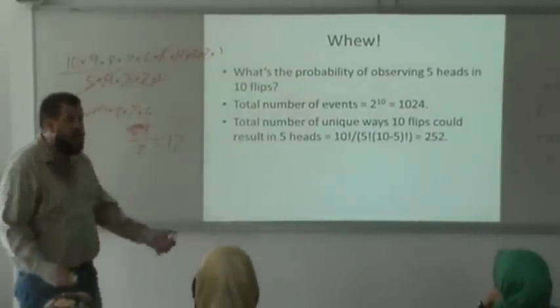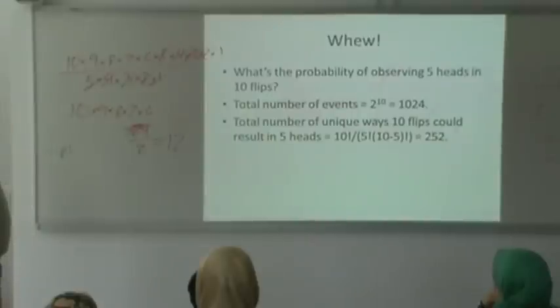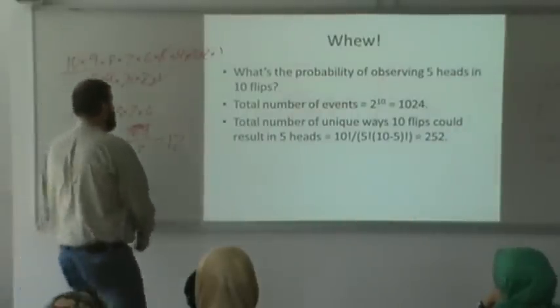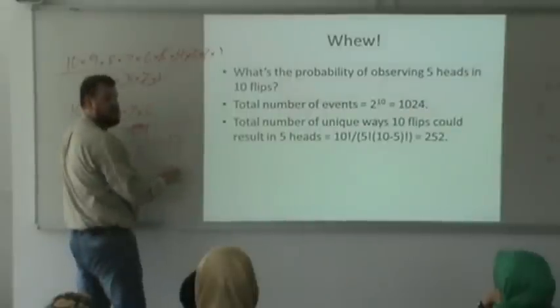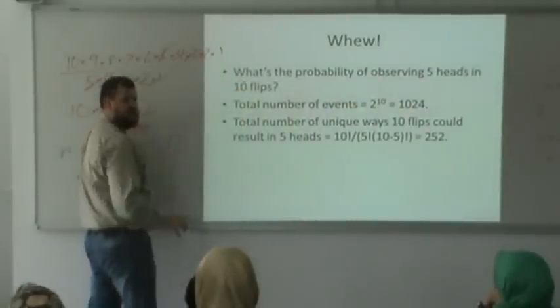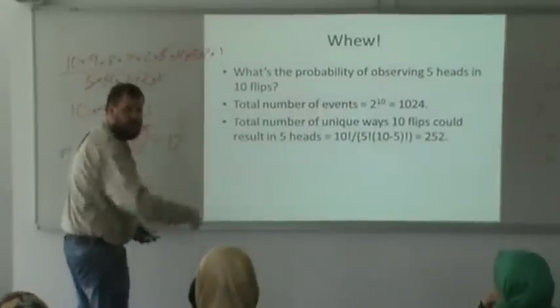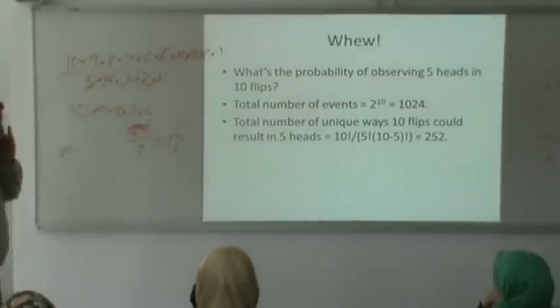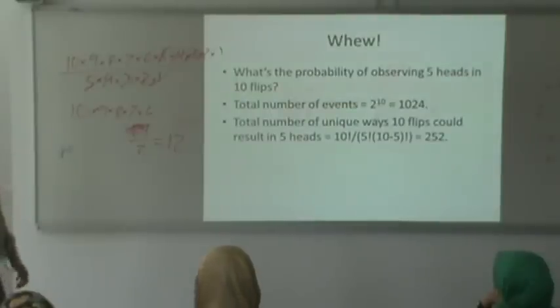Just add them all up, right? Add up the probability of the first 5 heads, the last 5 heads, the middle 5 heads, all the different orders that we came up with. So 252 times that 0.0009 thing. Or we could just divide 252 by 1024, right?